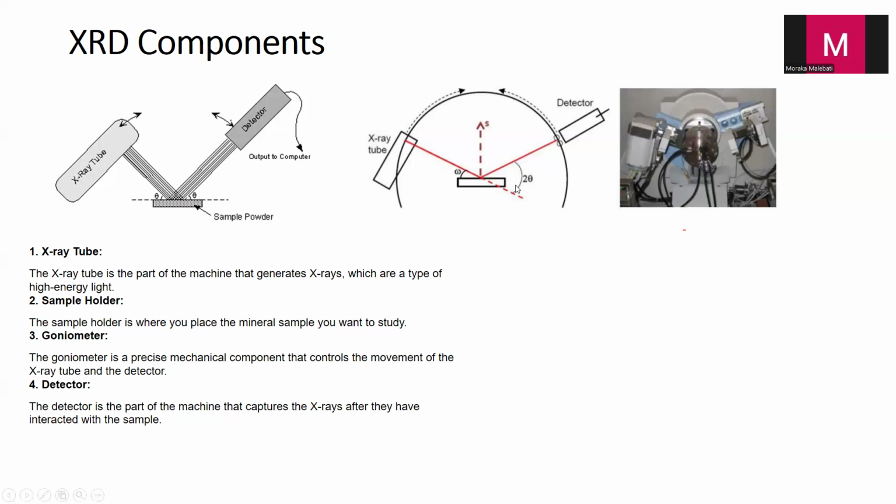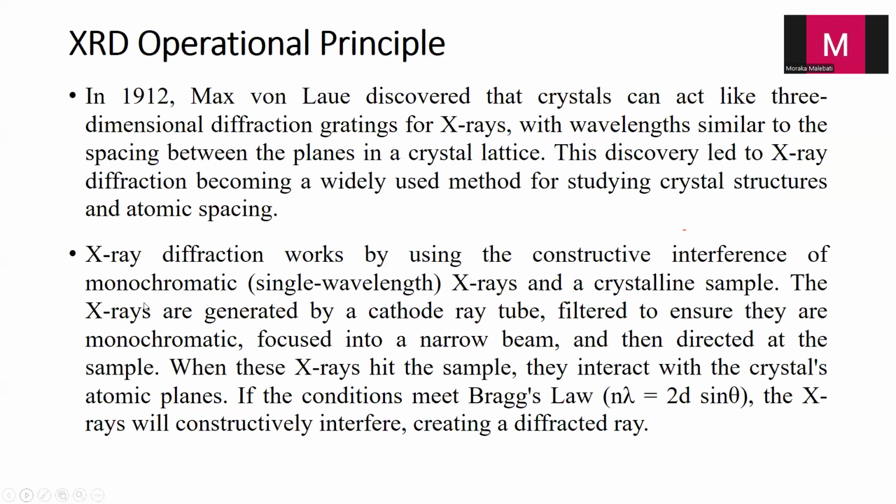Can you now see this? It rotates at an angle of 2 theta. The device that controls the angles and rotates the sample is called the goniometer. I've already mentioned that to you. It allows the detector and the sample to be rotated. I hope this makes a bit of sense.